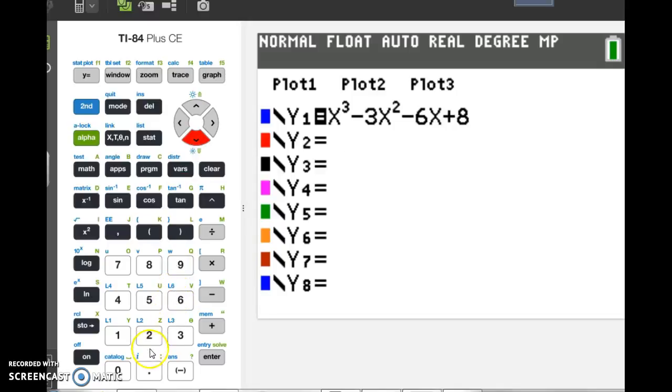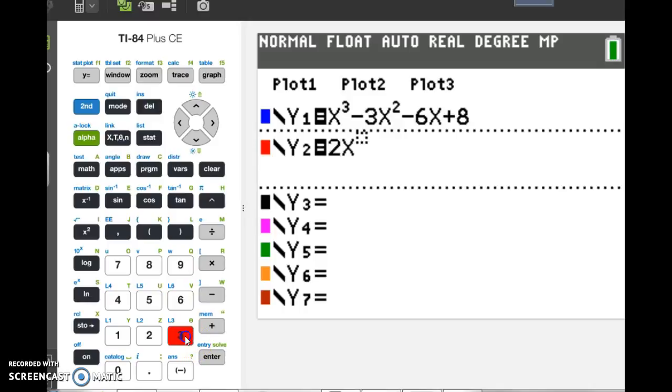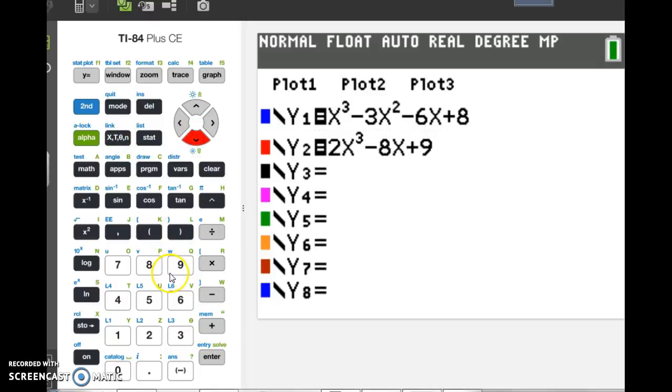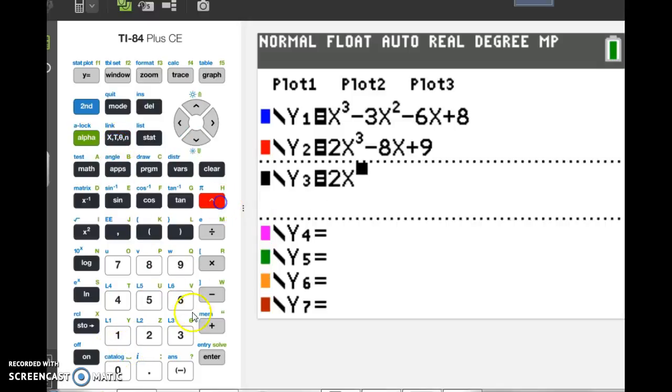The second one is 2x cubed minus 8x plus 9. And the third one is 2x cubed minus 12x squared plus 18x. So there are my three functions.